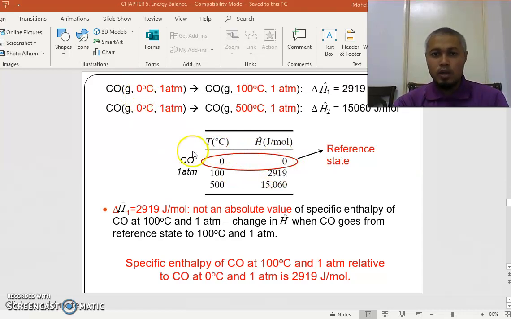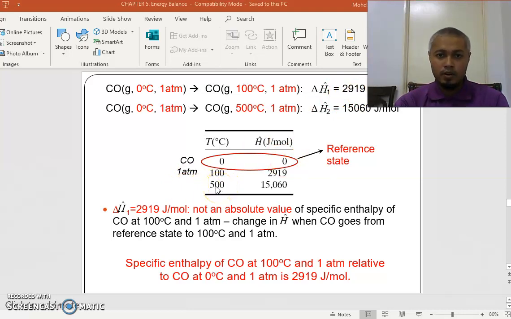That's why, to find the enthalpy change from 0 to 100, we look at the value at 100 degrees C, 2919, and the value at 0 degrees is 0 joule per mole. So we have 2919 minus 0, and we get 2919 joule per mole.